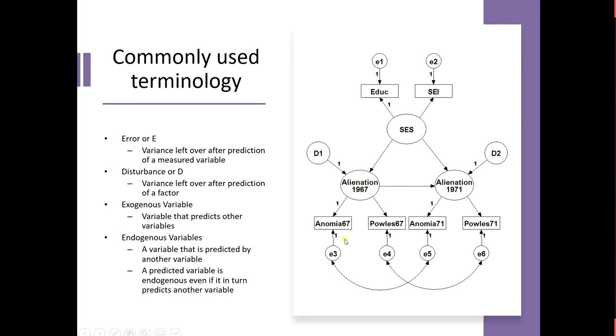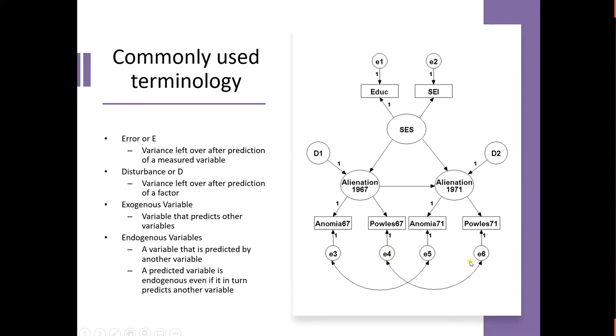Here in this, these are also endogenous variables, but they are observed variables. Why are they endogenous? Because this variable is determining this variable. But for the endogenous variables, we are also using the terms E3, E4, E5, E6.